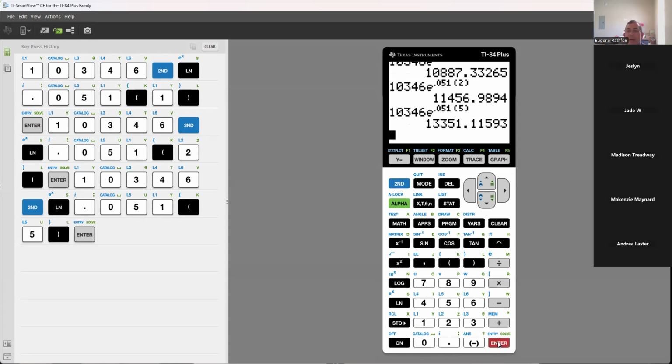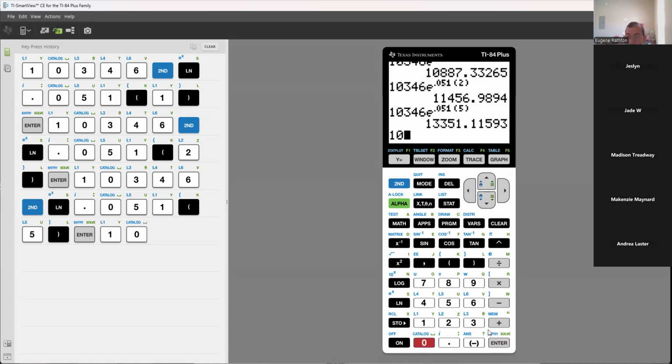So when I hit enter, I get 13,351 point, and y'all look at that. I got a 1, 1, but my second one has a 5 after it. So we're going to make that a 0.12 on that one.